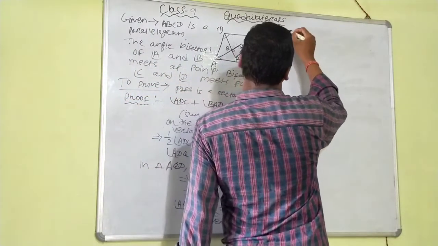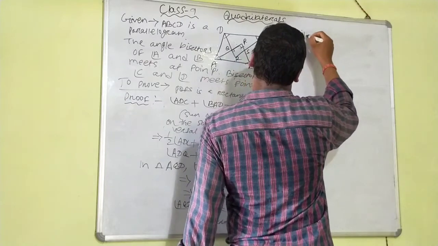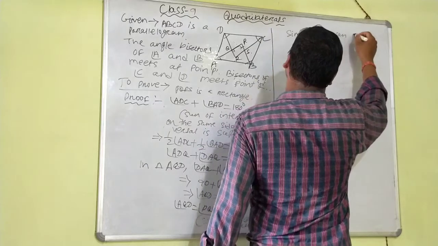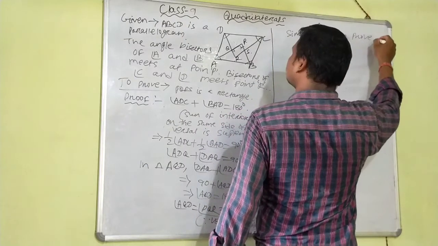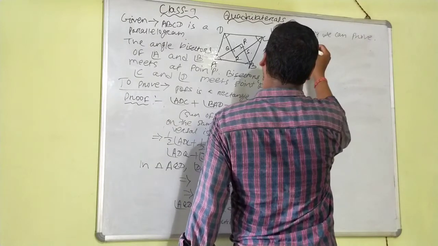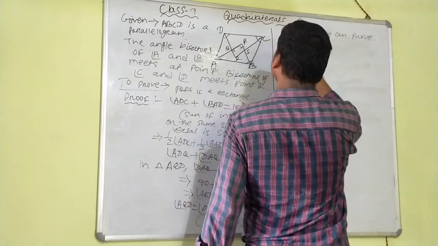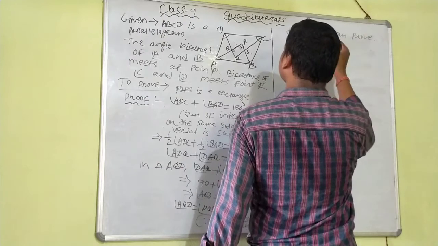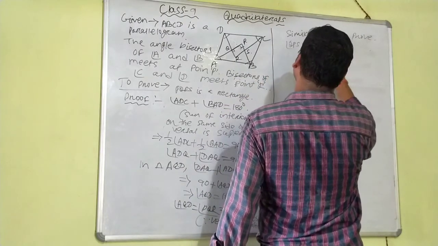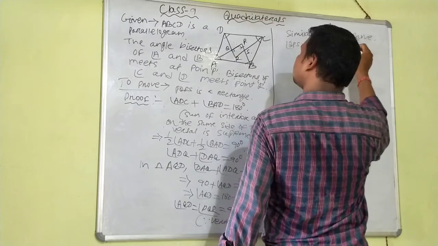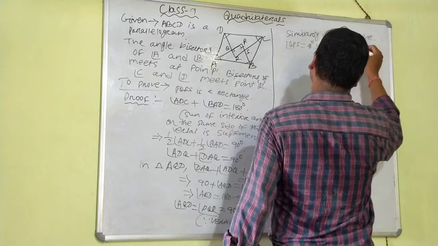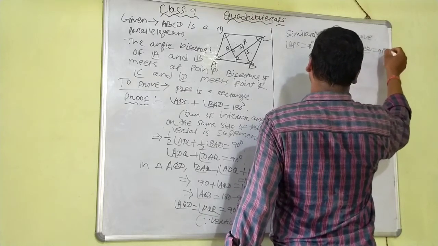So write down: similarly, we can prove angle QPS equal to 90 degrees, angle PSR equal to 90 degrees, and angle SRQ also equal to 90 degrees.